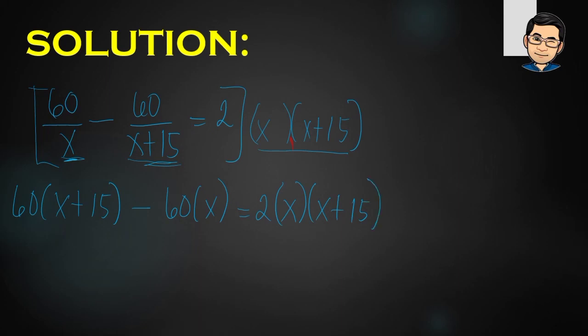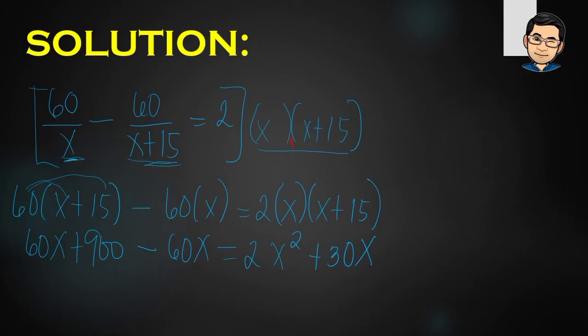And then, i-distribute natin itong 60 sa mga terms na nasa loob ng parentheses. That will become 60x plus 900 minus 60 times x, 60x, equals 2 times x plus 15. Ang sagot is 2x squared plus 30x.